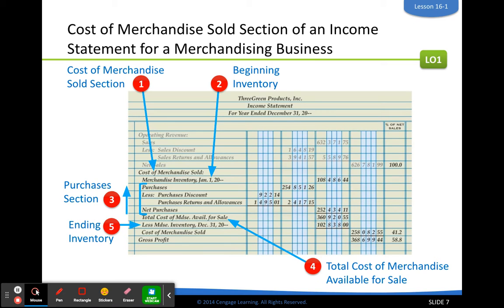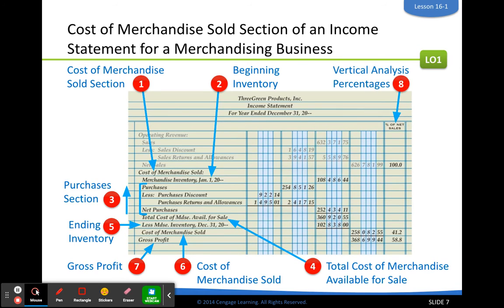Then we'll subtract our ending amount. That amount comes from the adjusted trial balance, and that gives us our cost of merchandise sold. Then we'll subtract the cost of merchandise sold from net sales to calculate our gross profit.